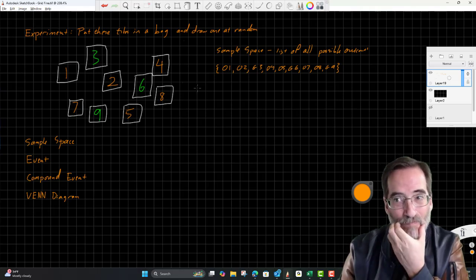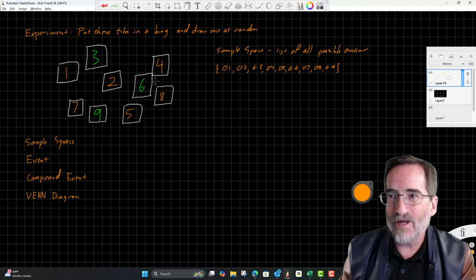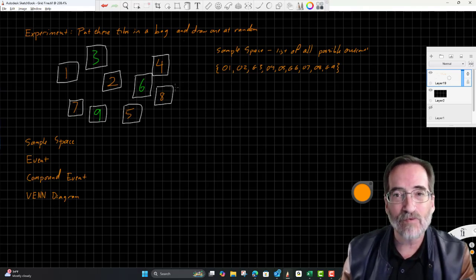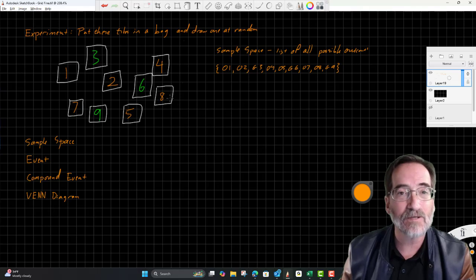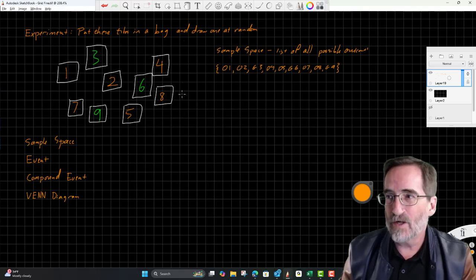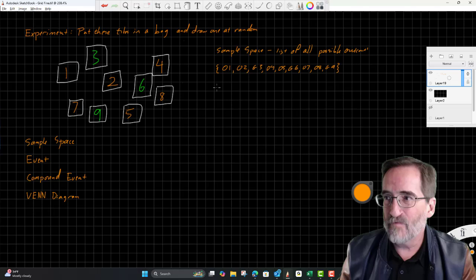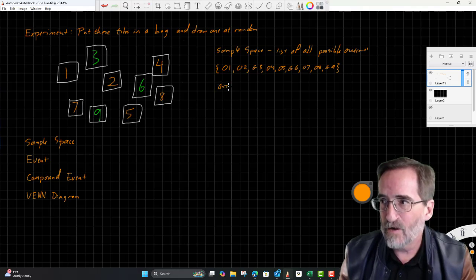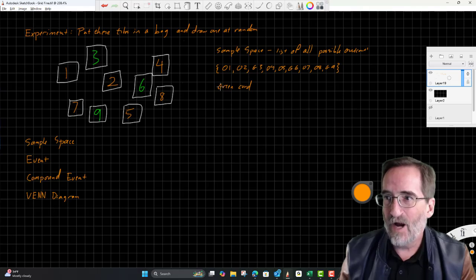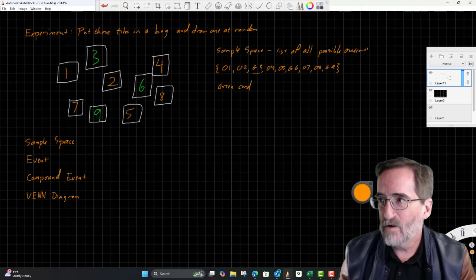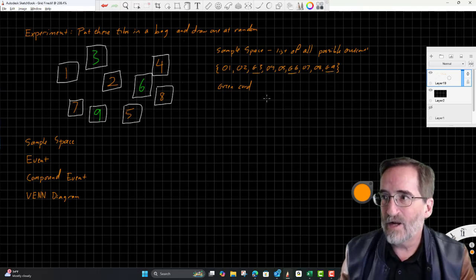That's sample space. Now an event, when we do an experiment, can be some particular outcome that you want. For example, an event might be that I get a green card. How many are green cards? Well, 3: green 3, green 6, and green 9.